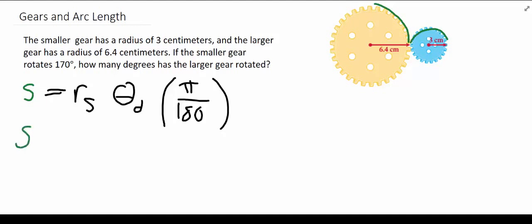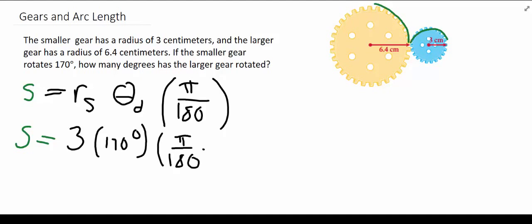So now we have arc length equals, our radius is 3 centimeters, times 170 degrees times pi over 180 degrees. If I simplify this out, our arc length S equals 17 pi all over 6.